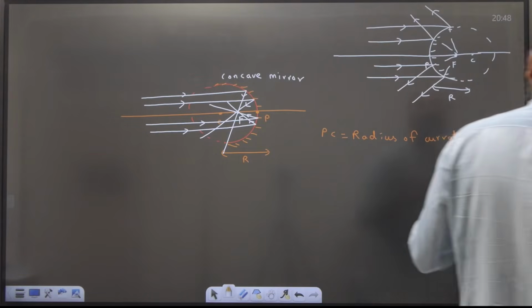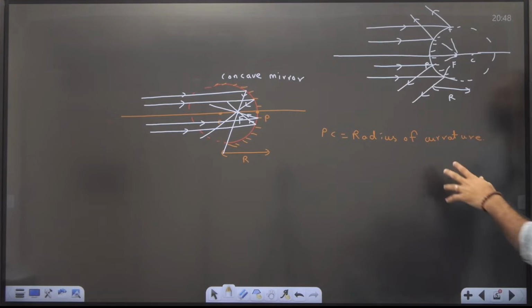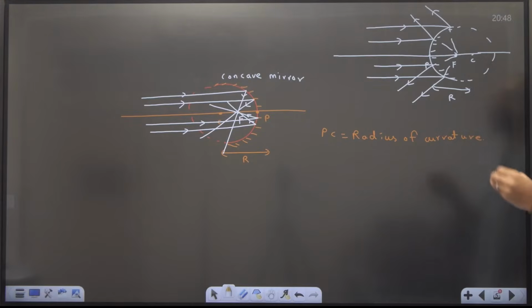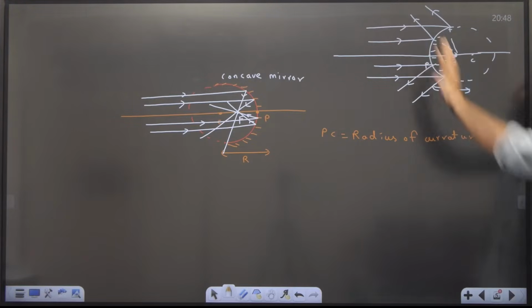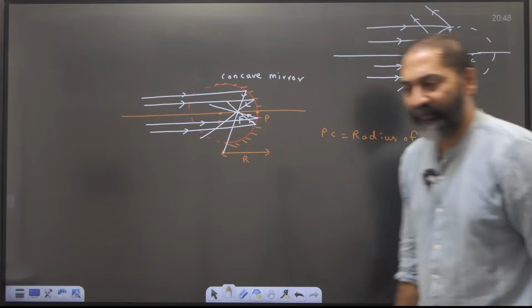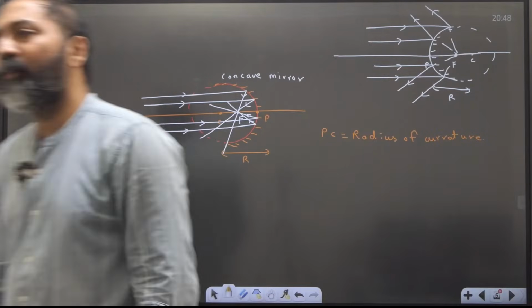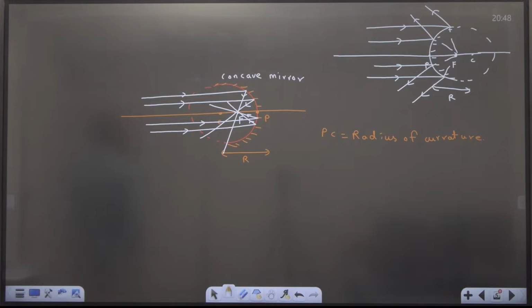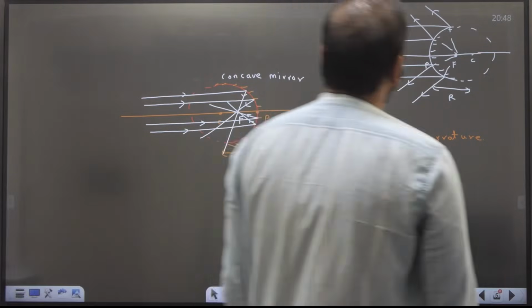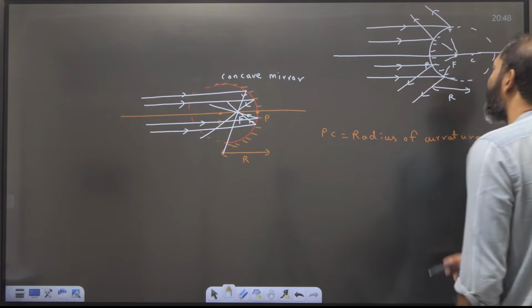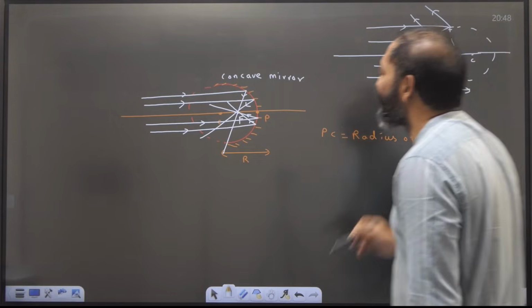A narrow parallel beam of light, parallel and close to the principal axis, after reflection from the mirror, appears to diverge away from a point on the principal axis. This point on the principal axis is called the principal focus in the case of a convex mirror.